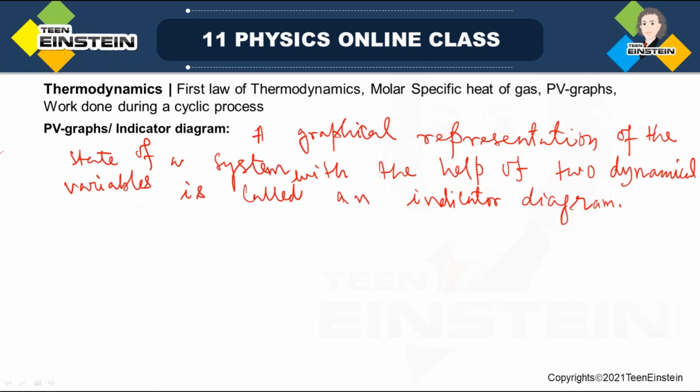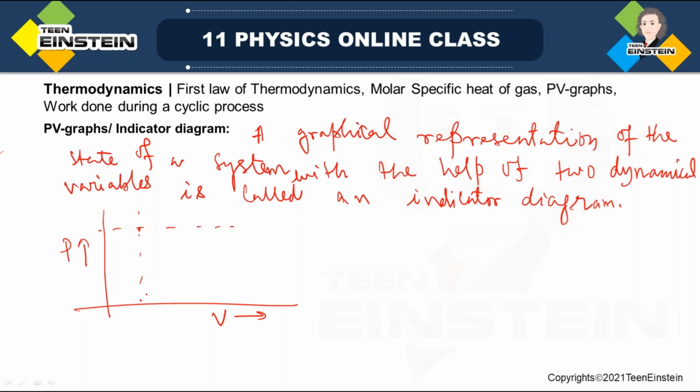So generally we take PV, and there is a beauty of the PV diagram as well. We'll see it today. We'll just start with that, and later on. Okay, suppose a system is undergoing a process. See, this is volume, and this side it is pressure. Along the x-axis is volume.